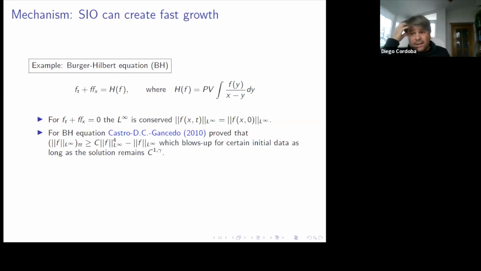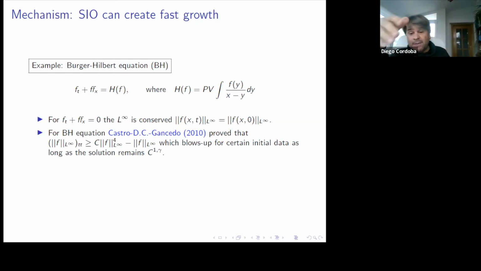In our work in collaboration with Ángel Castro and Francisco Gancedo, we studied this equation in 2010. We were interested because the Hilbert transform, although it's of the same order as the function, may produce growth. And in this case, what we prove is this inequality pointwise, which is true as long as the function is C^{1,γ}.